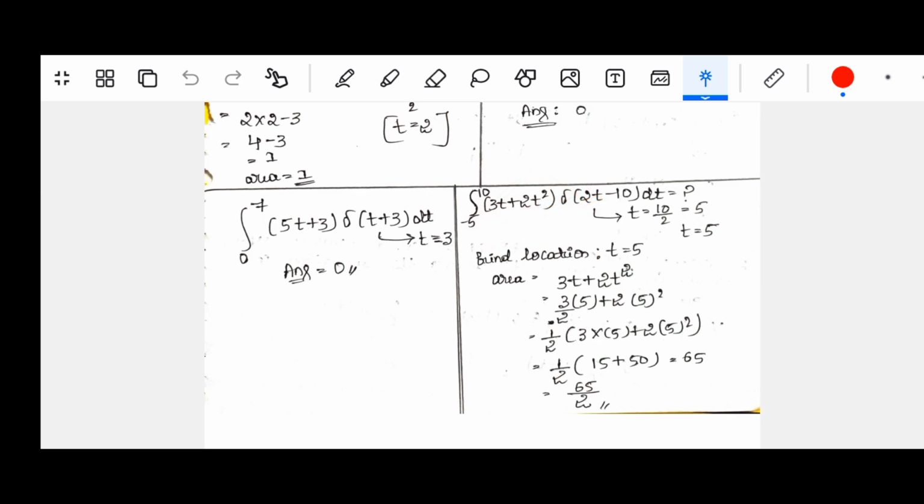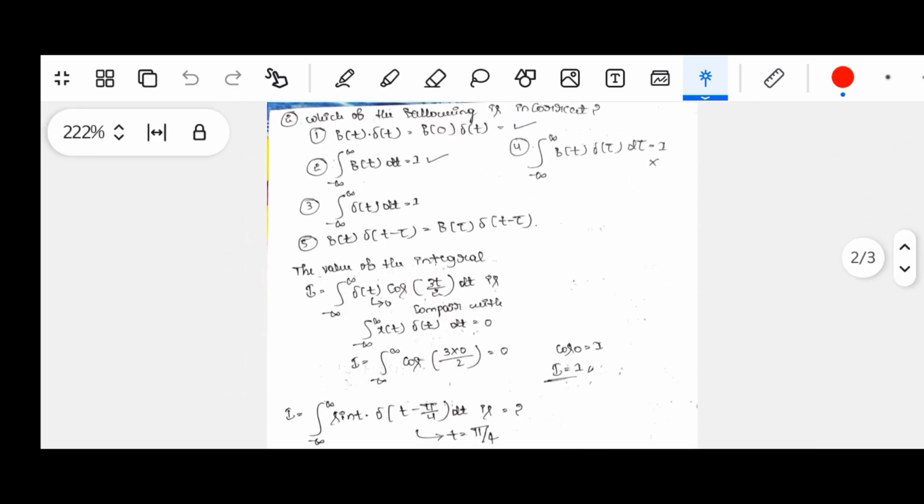We'll get (3/2)t + 2t². So 3/2, keep the t as 5, 5 whole square. So take 1/2 common outside. Then multiply 3 into 5 plus 2 into 5 whole square. 1/2 into (15 + 50). So the answer will be 65. Therefore multiply this 65 with this. You will get 65/2.